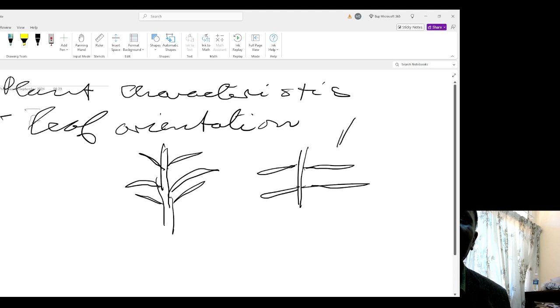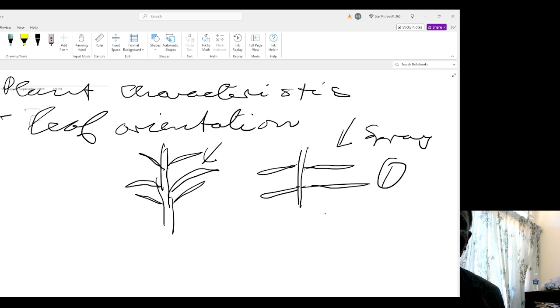So if you have the spray hitting these leaves here, droplets may stay.